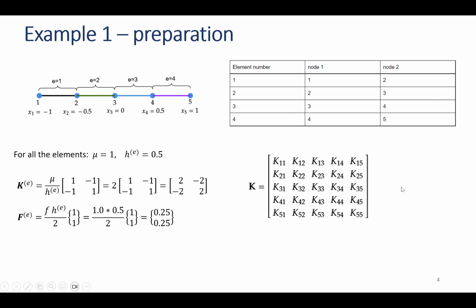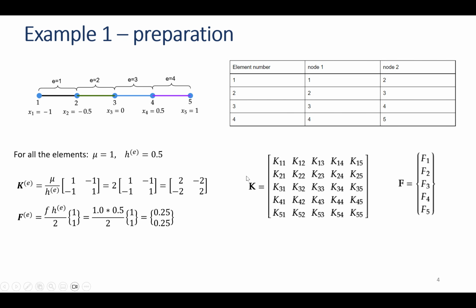Similarly, for the global force vector, we have 5 rows, from F1 to F5. One of the important tasks in implementing the finite element method is to calculate this global stiffness matrix and the global force vector. This is our next step.